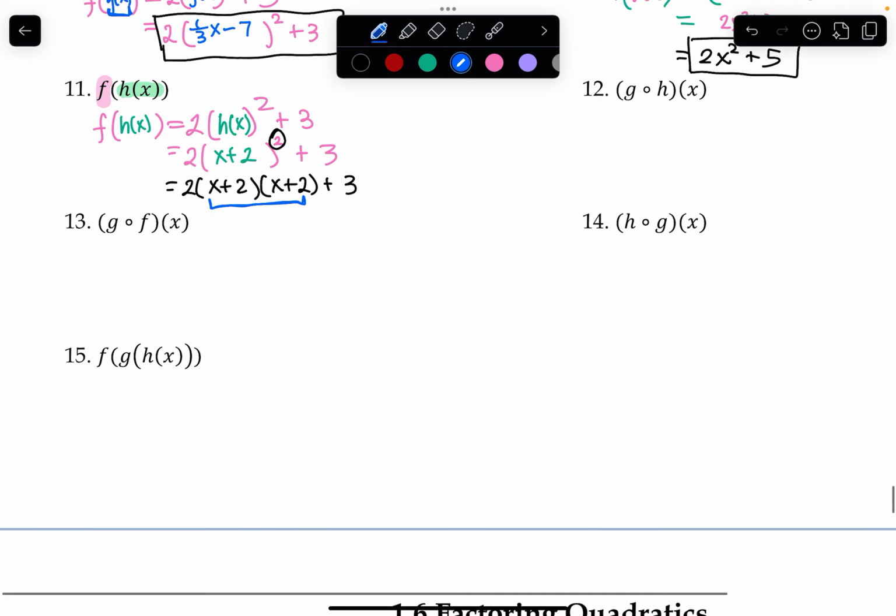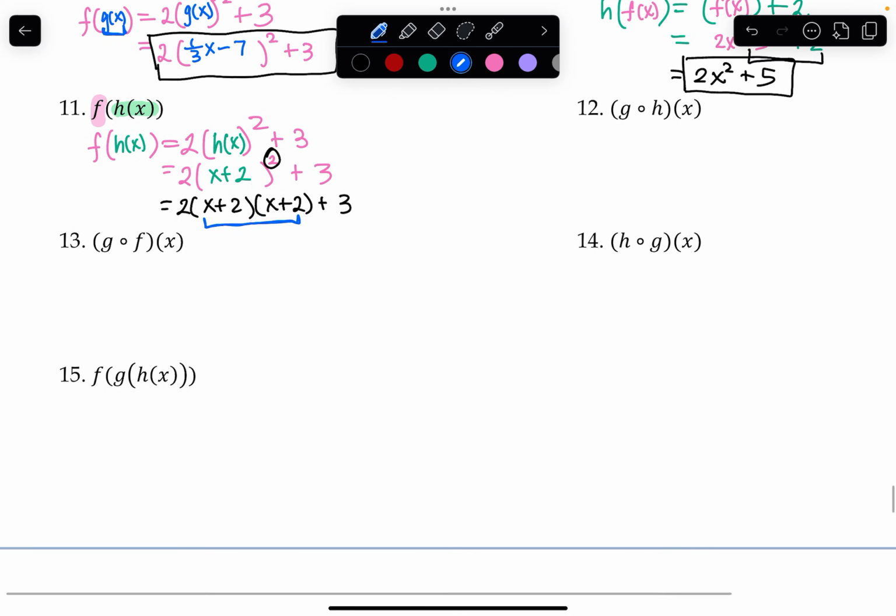Some people learned FOIL. And so first is x squared, outside is 2x, inside is 2x, and then last is 4. Combine your like terms, we get x squared plus 4x plus 4.